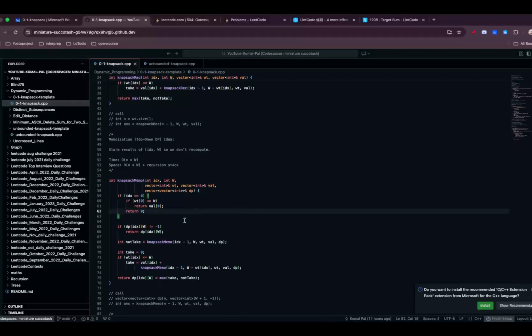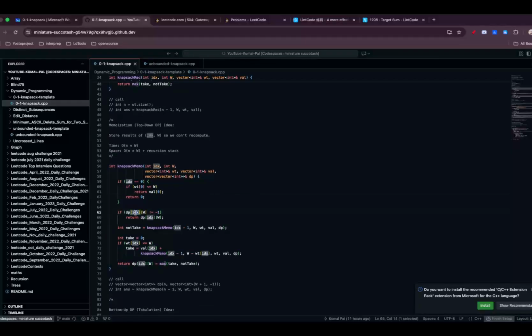The first is the index, and the second is the capacity of the knapsack. If that is not equal to -1, then we return it, because index and weight both change, and there are possible branches which are duplicate. That's why we are memoizing.